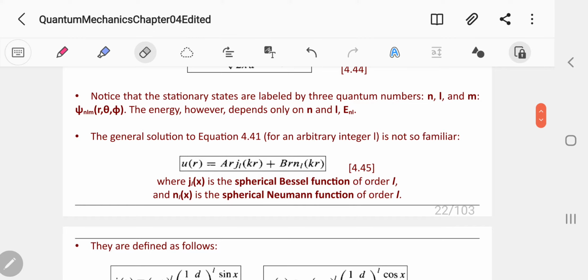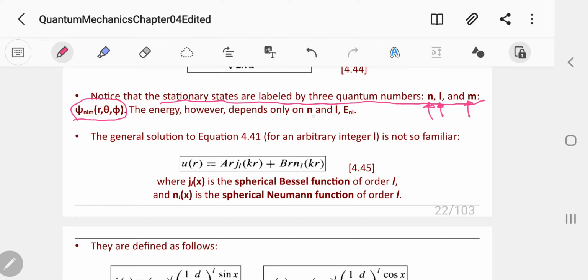So now we look at the stationary states, and they are labeled by three quantum numbers: n, which is the energy level, and L, taken from the constant in the separation of variables earlier, and of course M, from the separation of variables in the angular part. So your phi is labeled phi n L m, and this is a function of r, theta, phi.